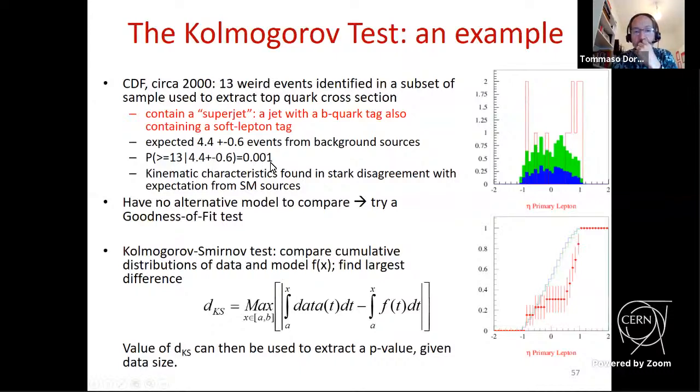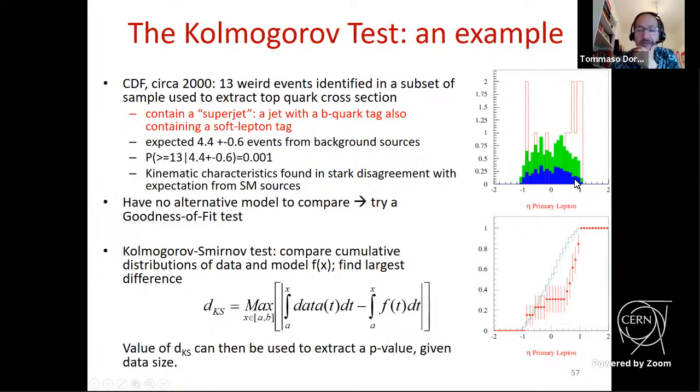In the tutorial, we are going to do this exact exercise, one of the exercises we'll do. But they not only had a counting experiment, they also saw that they have several, I would say maybe 15 or 20, kinematical distributions that they could extract from the features of these events, that were odd.